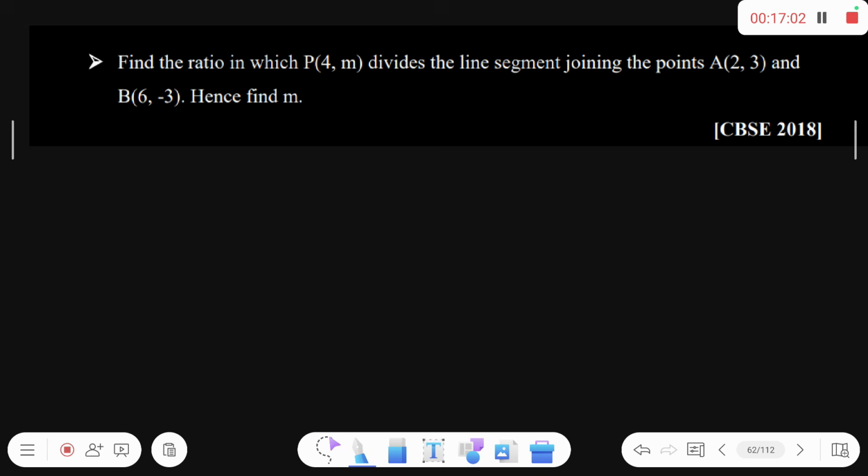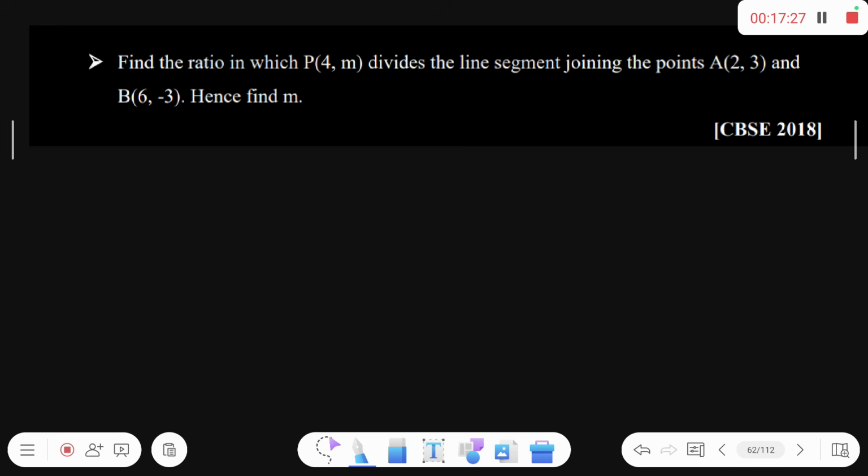Next, find the ratio in which P divides the line segment joining these two points. So there is a line segment joining these two points, and point P lies on it.